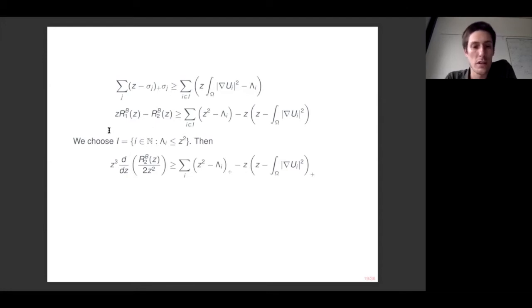If we choose this set of indexes to be put here, we can substitute this sum with the full sum, putting the positive parts. And of course, we can estimate the second term, since it's negative, with the full sum and the positive parts. And also we write the right-hand side by means of a derivative in this way. And so we end up with this differential inequality for the second Riesz mean.